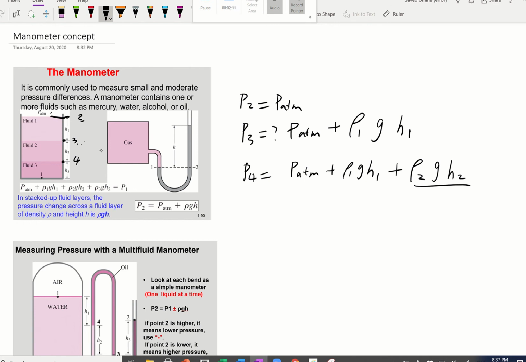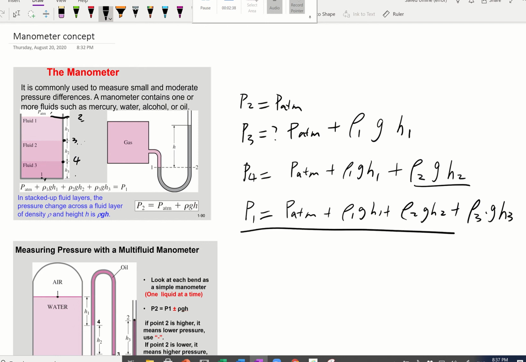And then at the bottom, which is labeled P1, it's going to be even more pressure than P4, so let's copy down P4. How much more? It's liquid fluid 3, so density 3 times g, and the depth is H3 for this fluid.